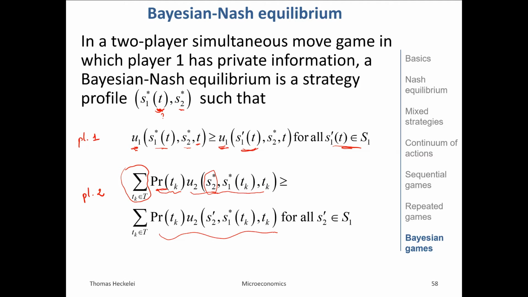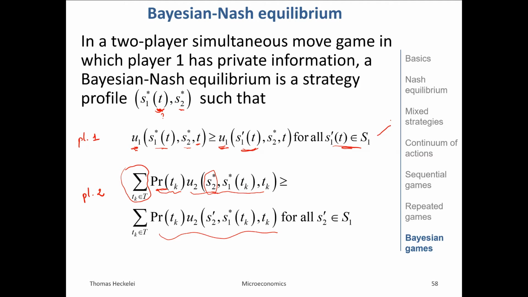So the first line for player 1 is pretty similar to the concept of Nash equilibrium that we had in the first week. If you look back, for the second player, we just simply replace the payoff by the expected payoff, which is the payoff weighted by probabilities.